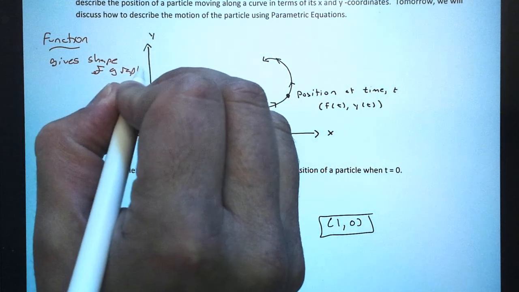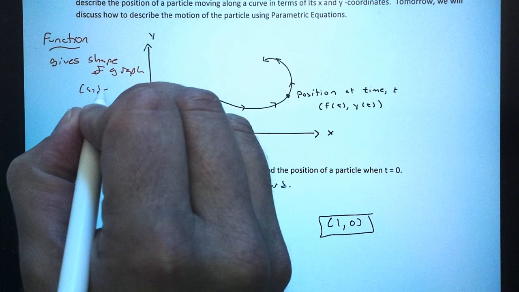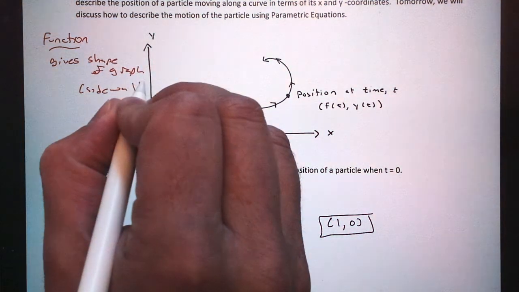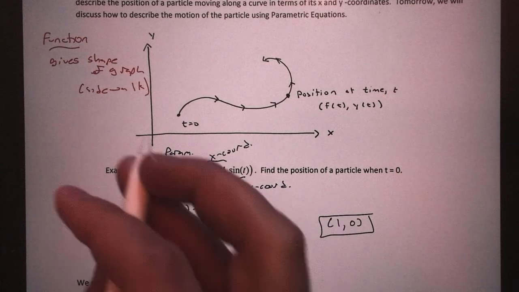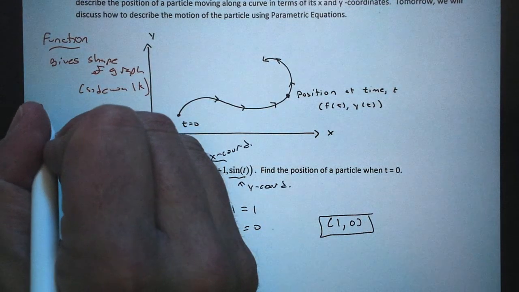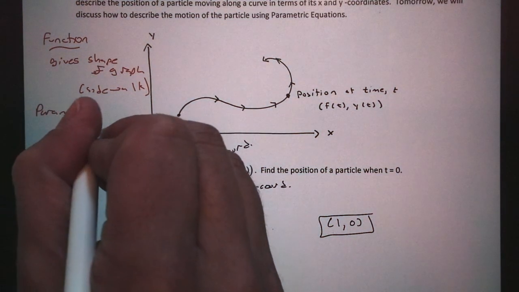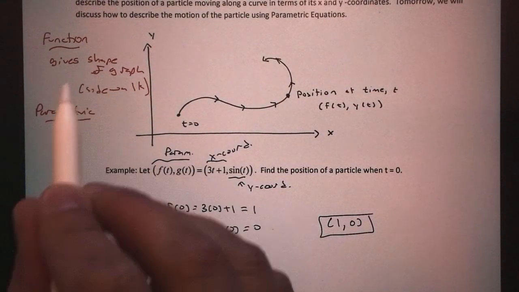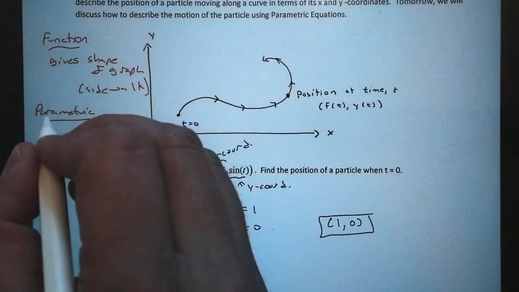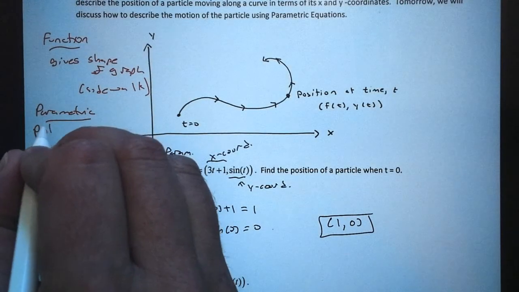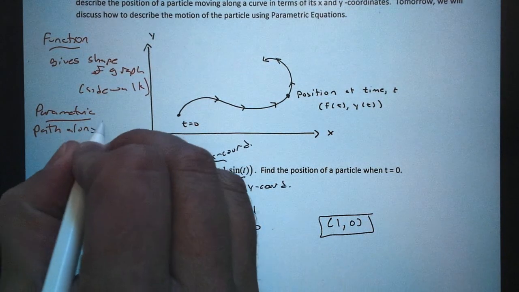For example, think of a sidewalk. You're walking on a sidewalk. The sidewalk represents the function. Well, then what does the parametric tell us? The parametric doesn't give us the shape of the graph. It gives us the path along the graph.